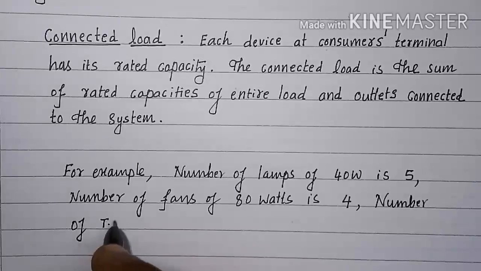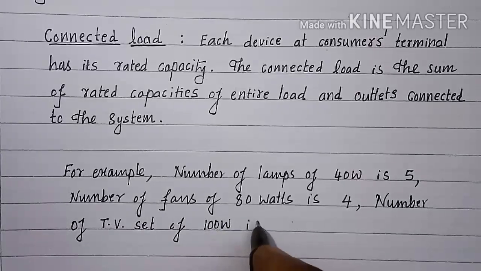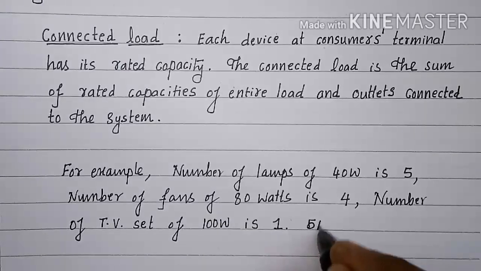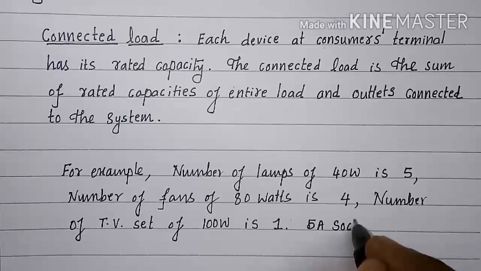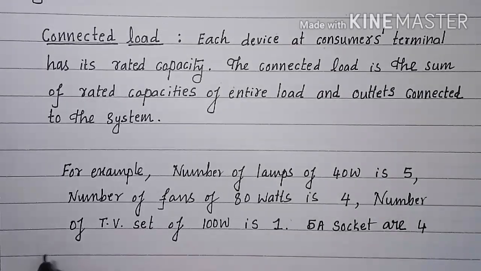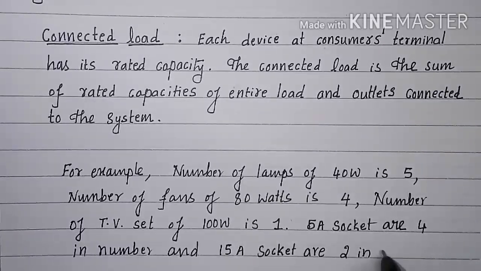Number of television set of 100 watt is 1. 5 ampere sockets are 4 in number and 15 ampere sockets are 2 in number.